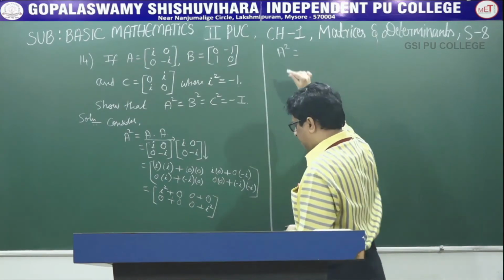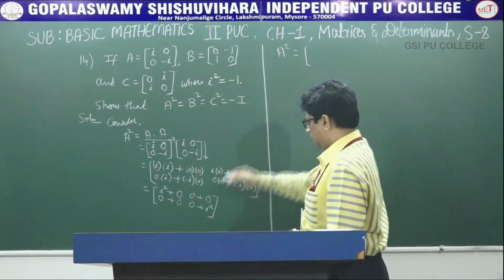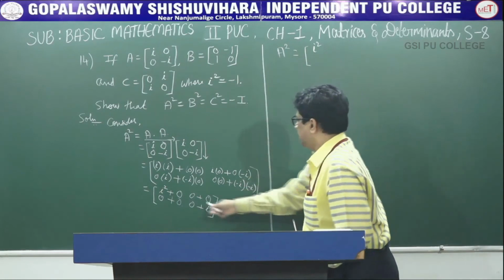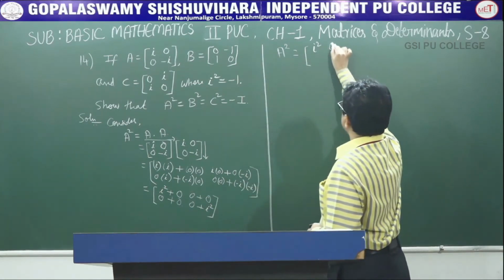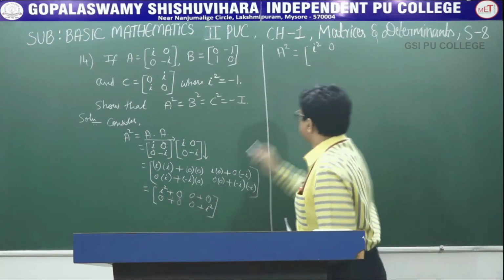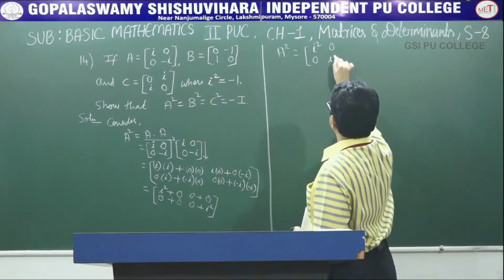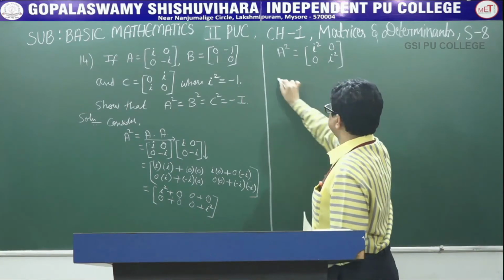So, A square will be equal to i square plus 0, i square, 0 plus 0, 0. So, 0 plus 0, 0, 0 plus i square, i square.